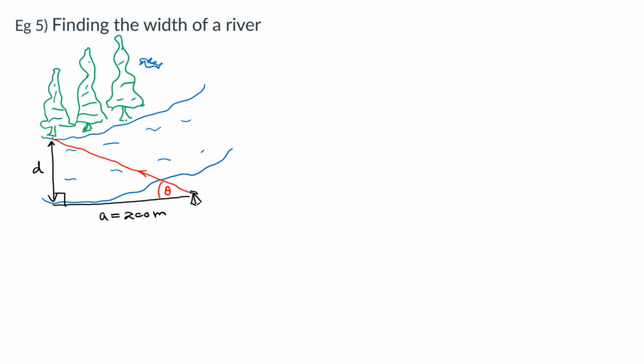So let's say you get theta equal to 18.3. That's just a number. And then if this is C, and this is B, and this is A, now we can just write the tan theta in this case.